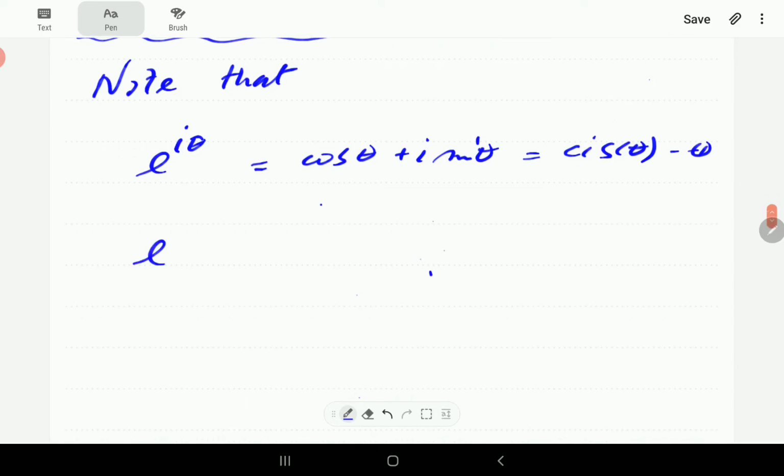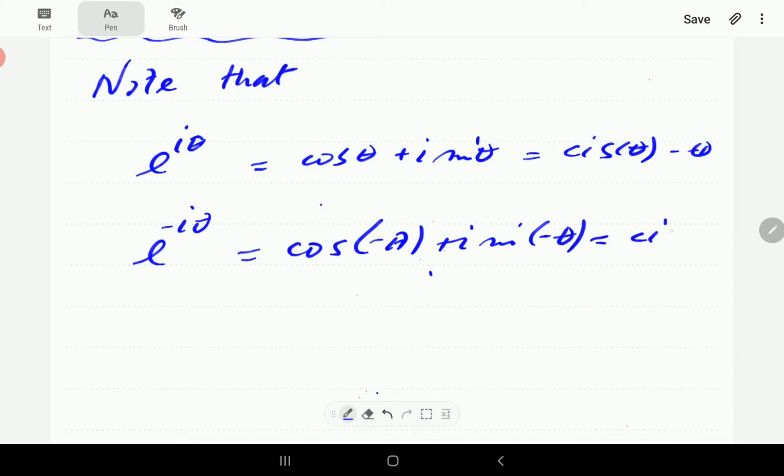Then if instead of theta, we plug in negative theta, this is going to be cosine negative theta plus i sine negative theta, which is going to be cis negative theta.